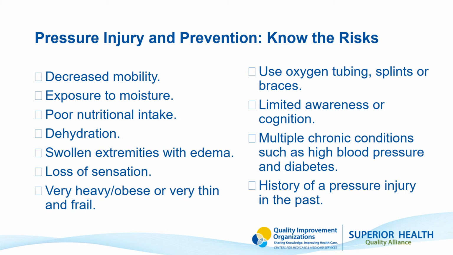Weight extremes, such as being very heavy or obese, or very thin and frail, use of medical devices such as oxygen tubing, splints, or braces, and limited awareness or cognition are conditions that increase resident risk for pressure injury. And finally, multiple chronic conditions such as high blood pressure and diabetes, or a resident with a history of pressure injury make a person vulnerable to and at high risk for pressure injuries.